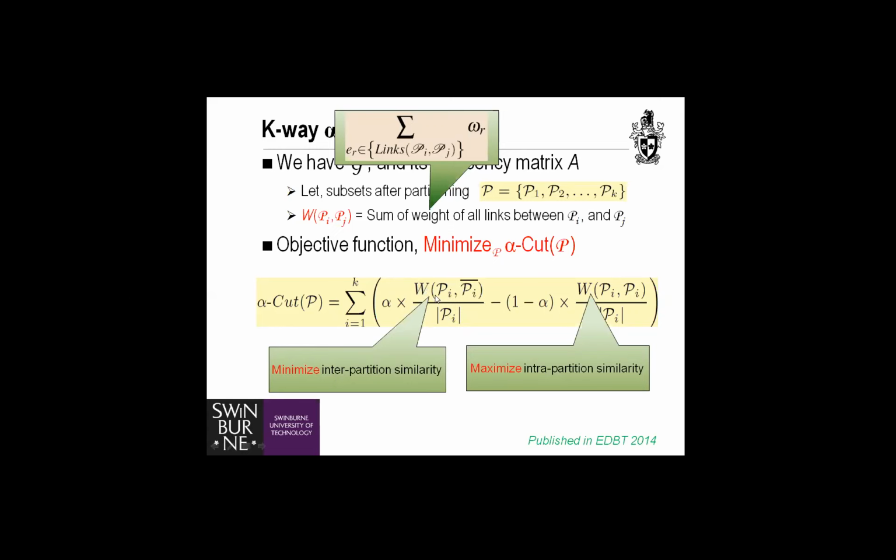And we want to maximize the weight within its own partition, that means the summation of all the links within its own partition. We want to maximize this value. So we want to achieve partitioning in such a way that minimizes inter-partition similarity and maximizes intra-partition similarity.